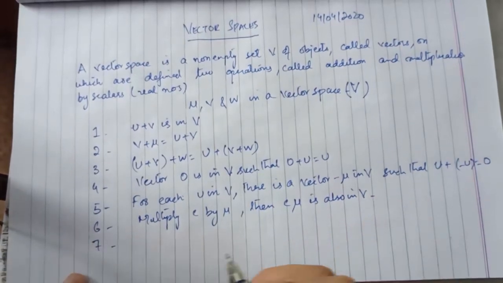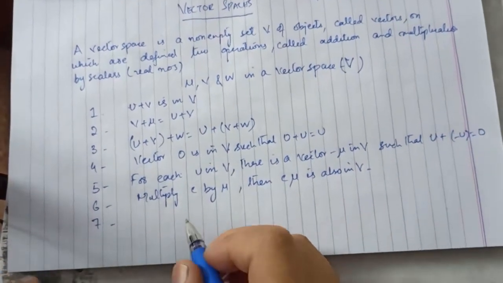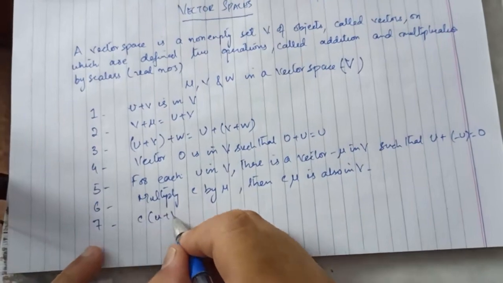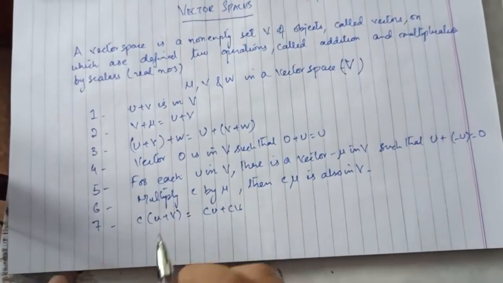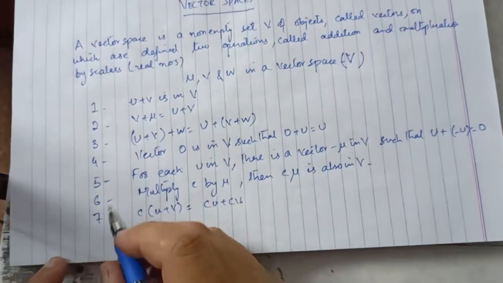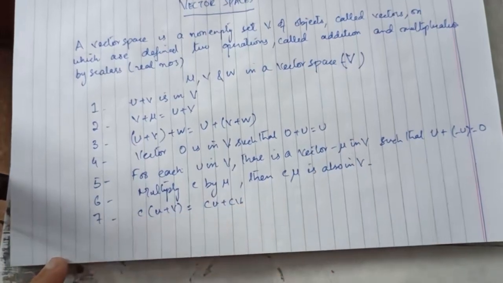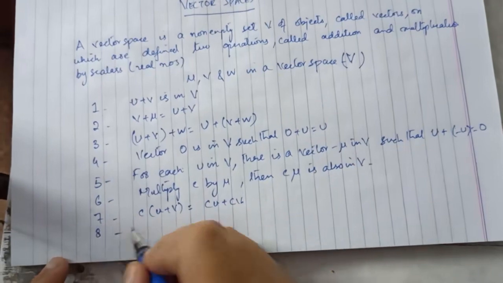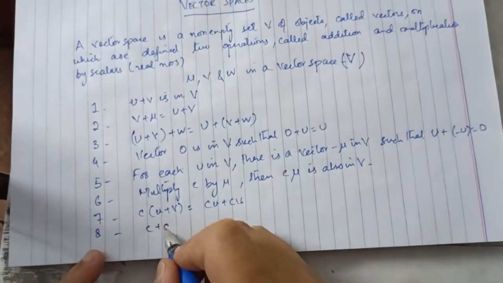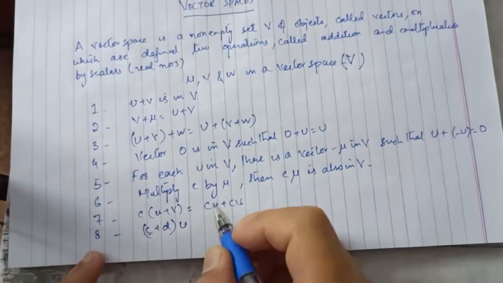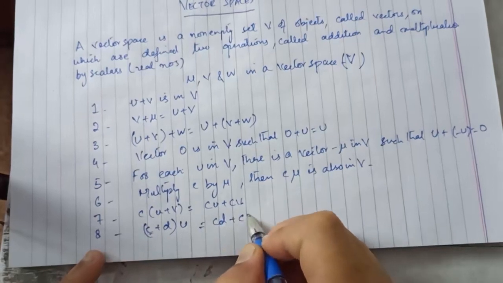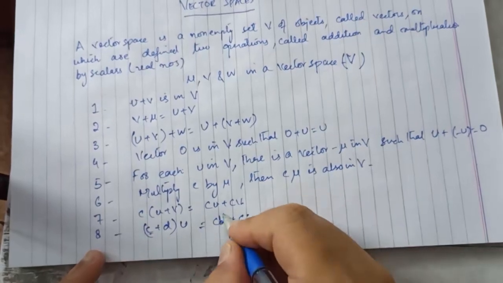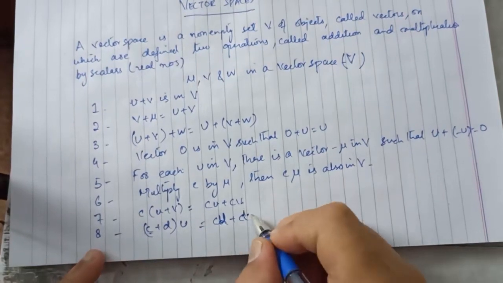Similarly, the seventh one is c times u plus v equals cu plus cv, and the eighth is that c plus d times u, where c and d are scalars, equals cu plus du.